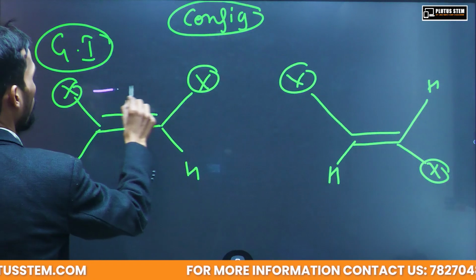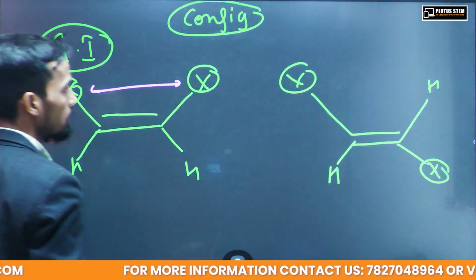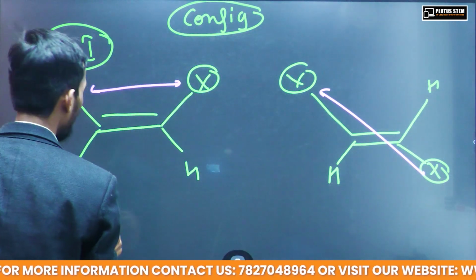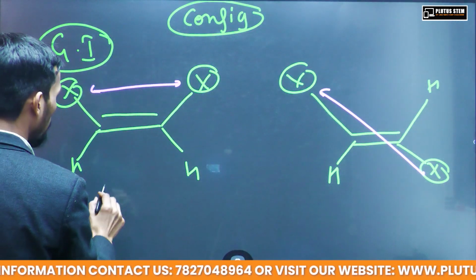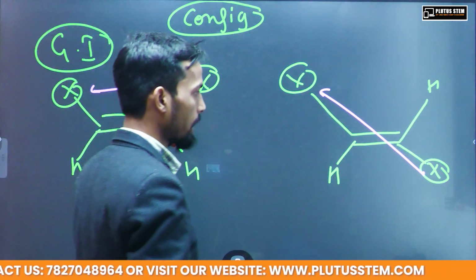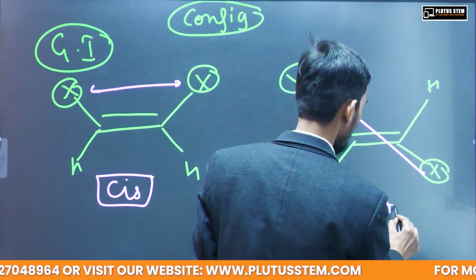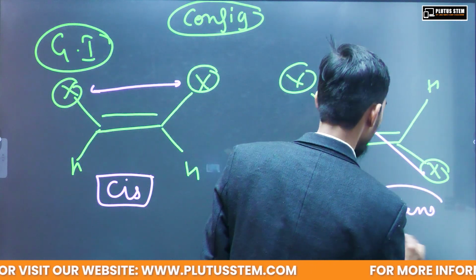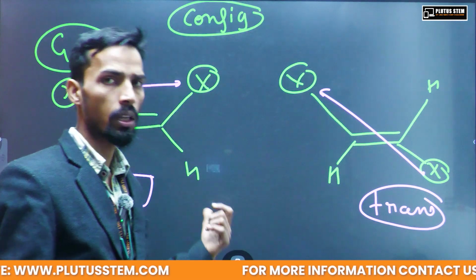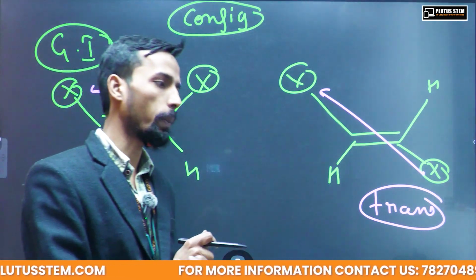So if you see over here, these are nearby and these are quite far. When they are on the same side of a double bond, they are called cis isomers, and the others are termed trans isomers. In a general way, trans is more stable than cis.